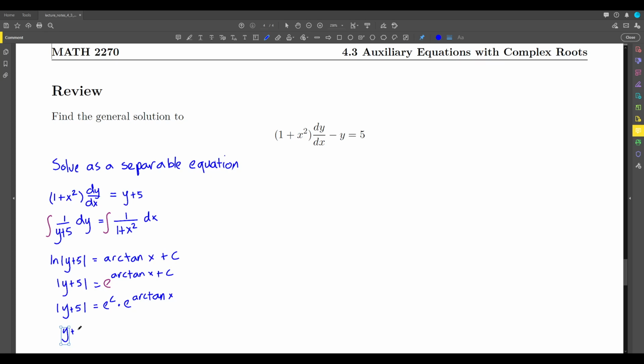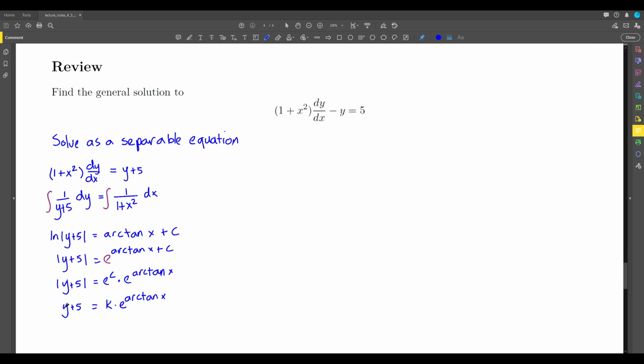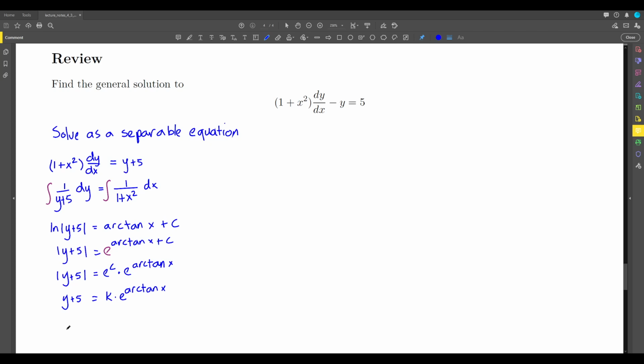So we see that y + 5 equals some other constant k times e to the power arctan of x. And then finally, we'll move that 5 to the other side, and we get our final answer, y equals k times e to the power arctan of x, minus 5. That's our final solution, solving this equation as a separable equation.